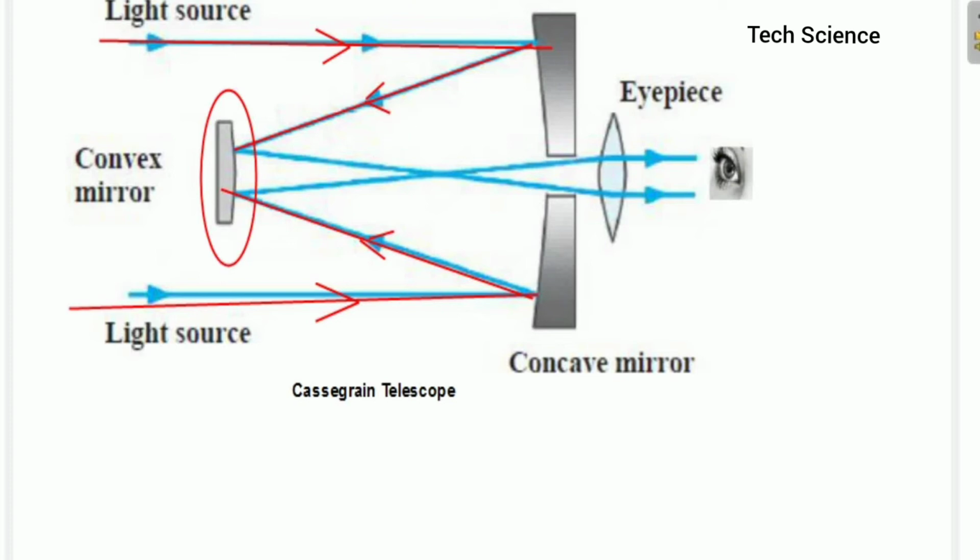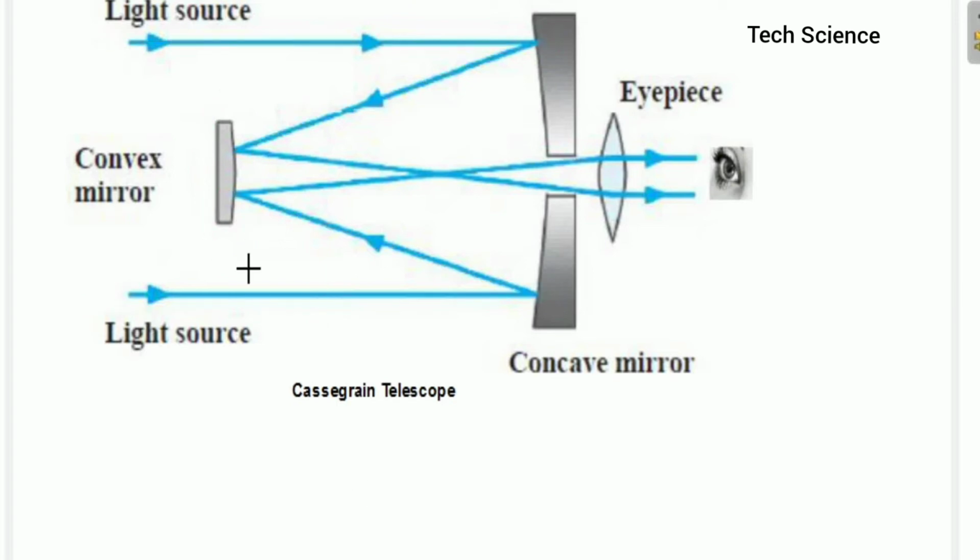These input rays for the convex mirror, reflected from the concave mirror, now get diverged and pass through a point. This concave mirror has a small hole.